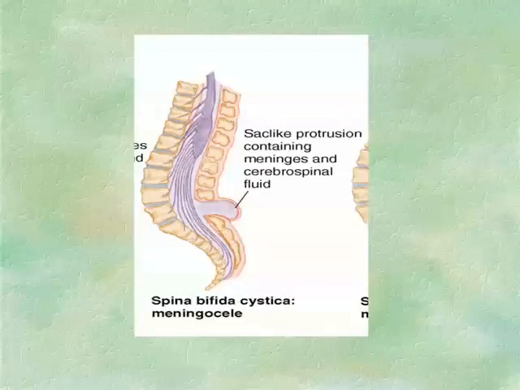From the picture here, you can see the spinal cord is basically intact. So once that sac has been taken care of and closed, it's likely that the child will not have many clinical symptoms because hopefully we haven't had any damage to the spinal cord itself.